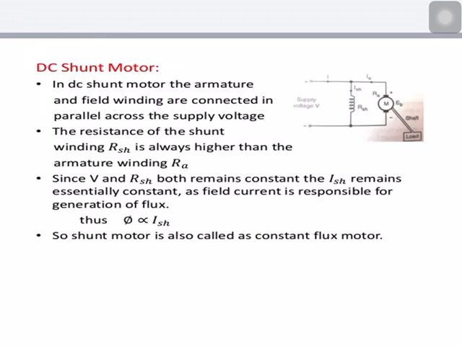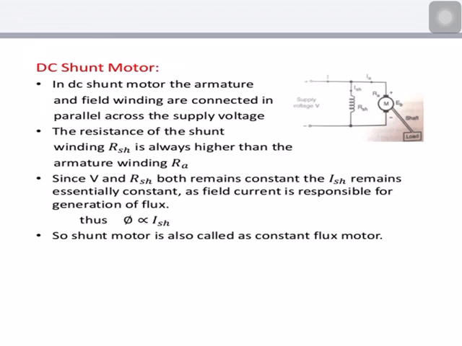The speed of the rotor depends upon the back EMF and the flux produced inside the motor. The relation between the torque and speed gives the characteristic curve between them.